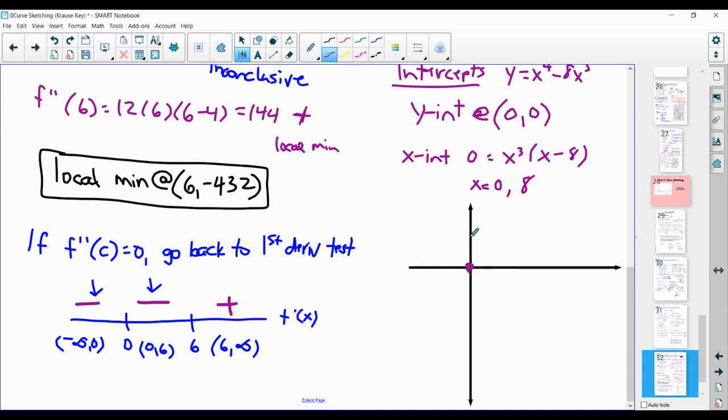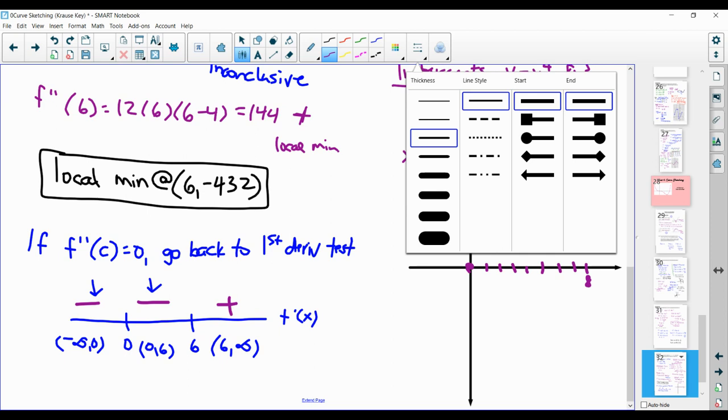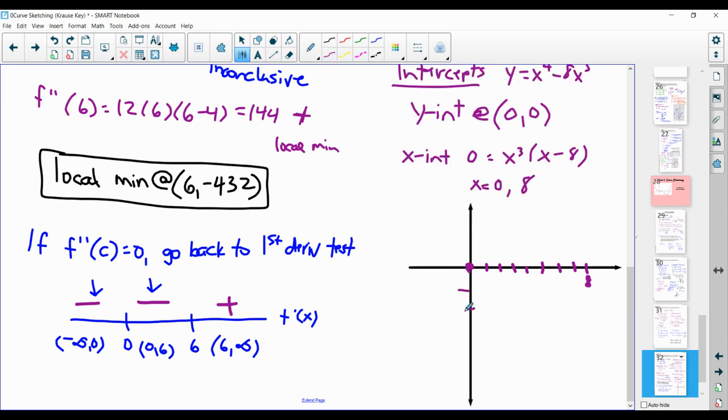And we know that our highest intercept is at 8. So we're going to go 1, 2, 3, 4, 5, 6, 7, 8. So that's an important point there. And I'm going to go down by hundreds here. So 100, 2, 3, 4, negative 500 right here.